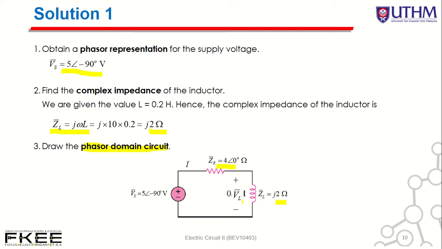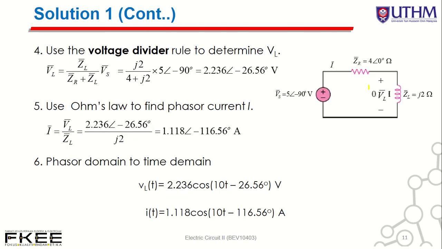So next, you can determine VL by applying the voltage divider rule. According to the voltage divider rule, VL equals ZL divided by total Z, times V supply. Then you can get the voltage across VL. That is question number 1.